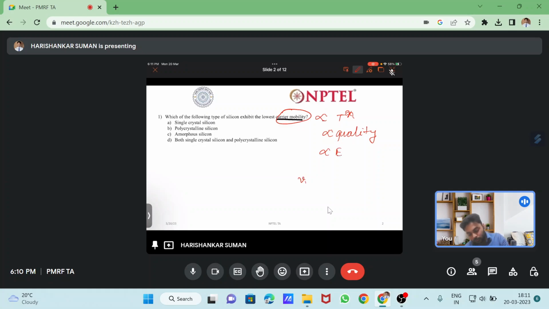You know the formula. How can you calculate mobility? Which experiment gives you mobility? So this is related to material quality.